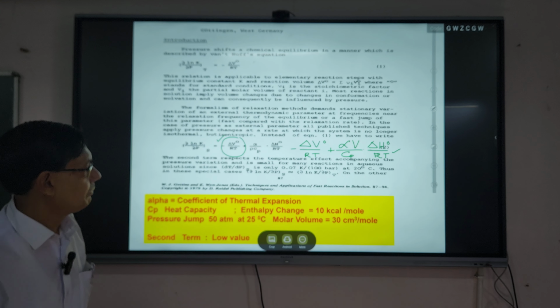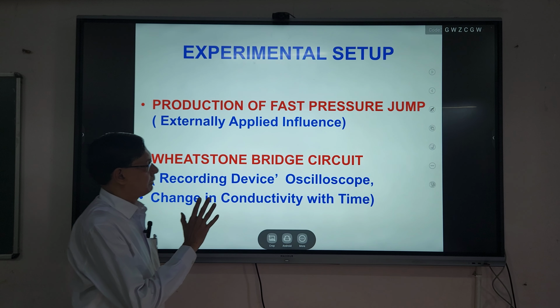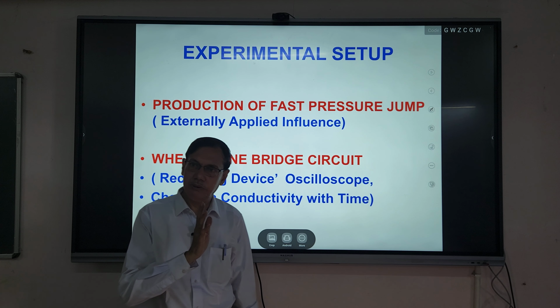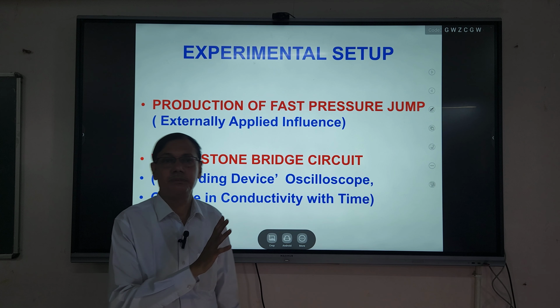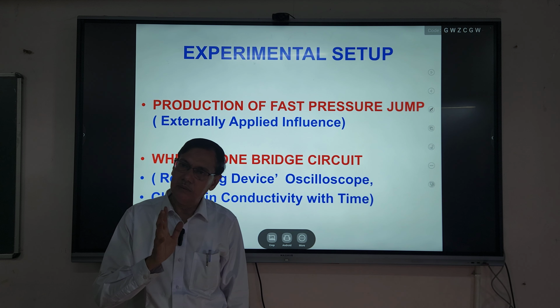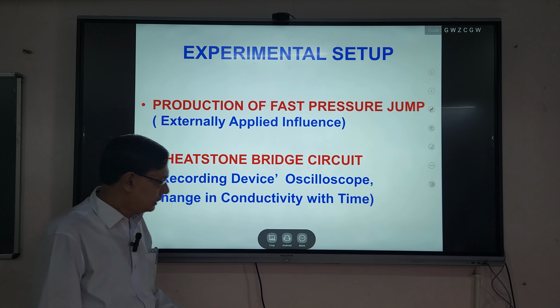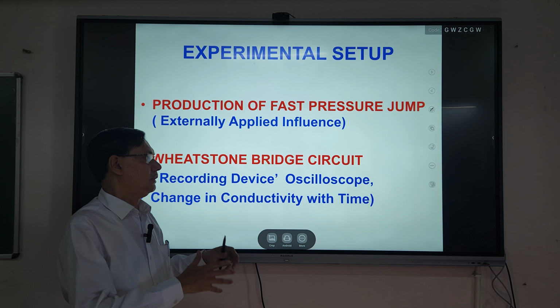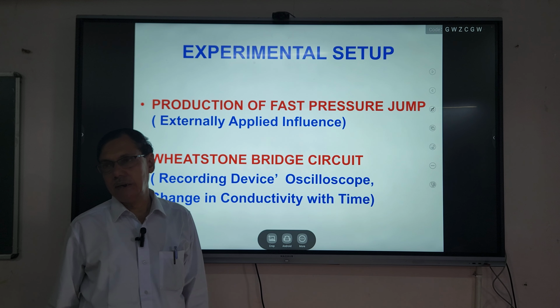Now I am coming to the experimental part, which is very simple. Because we would like to change the pressure, there must be some device by which we can change the pressure. Number one. Number two, when you increase the pressure, there is a perturbation of the equilibrium and return to the original state.